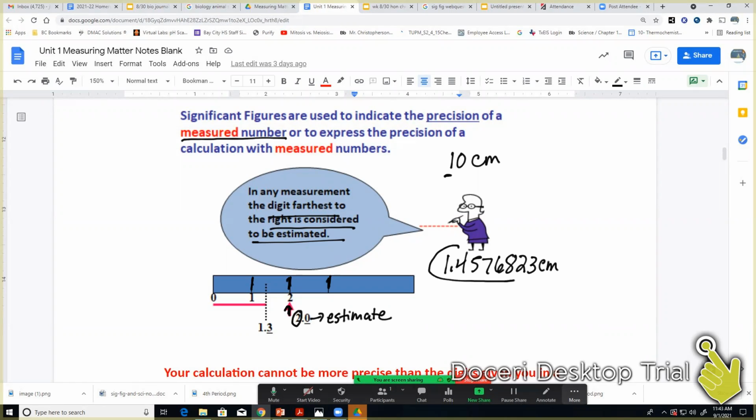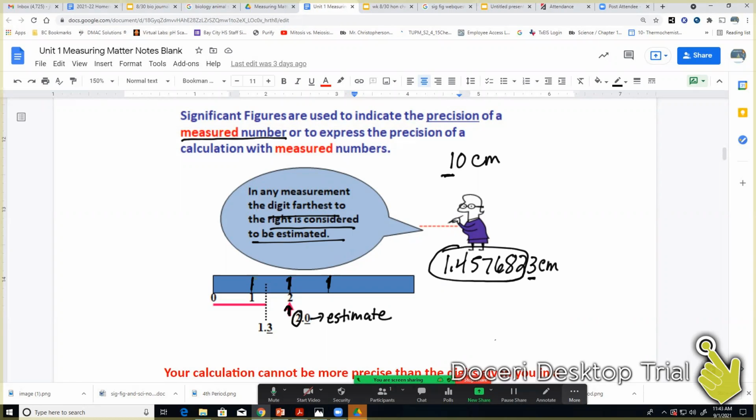On this number, I'm saying I know all of these for sure, and I just had to estimate that one. And there's no way you would know that much from something that originally, when you took the measurement, was not very precise. So that means that now when you do calculations, you're going to have to see what you got in your calculator, and you're going to have to adjust it to the right number of sig figs, because the calculator doesn't do that.